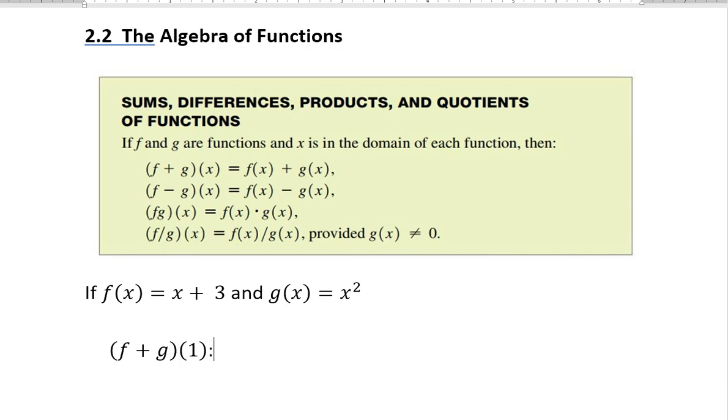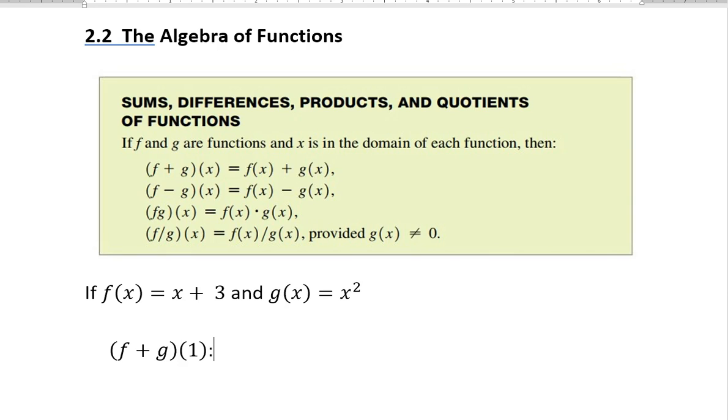In this case, we're talking about the algebra of functions, where we find that our (f plus g) of x is going to be the same as f of x plus g of x. And my (f minus g) of x is going to be the same as f of x minus g of x, and so on.